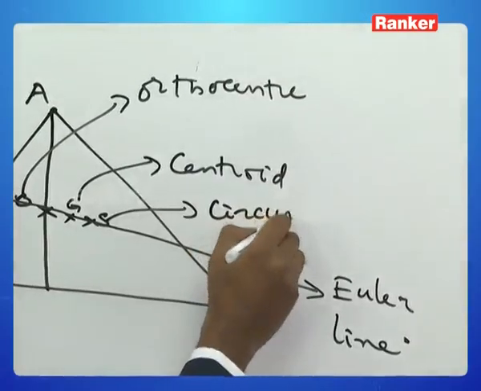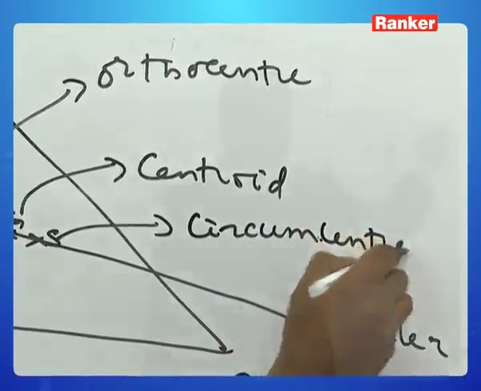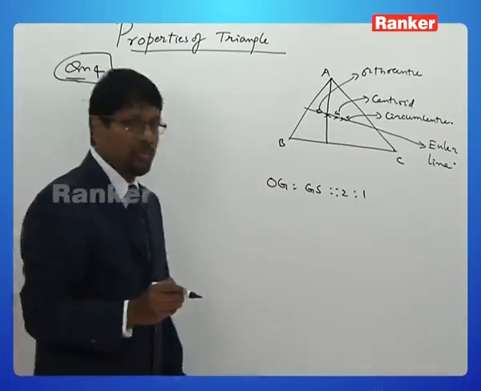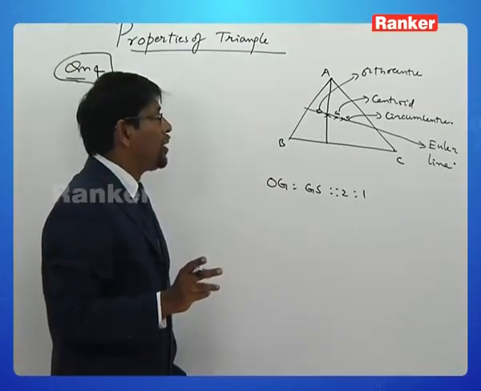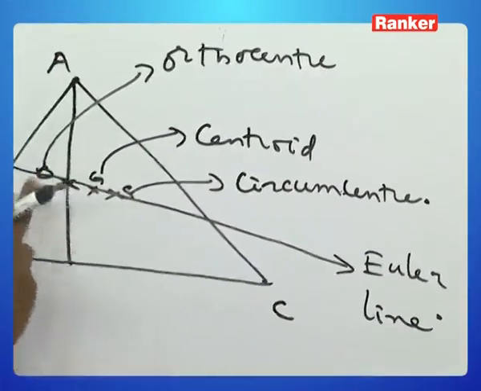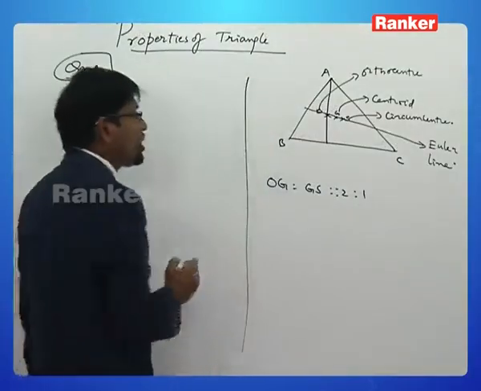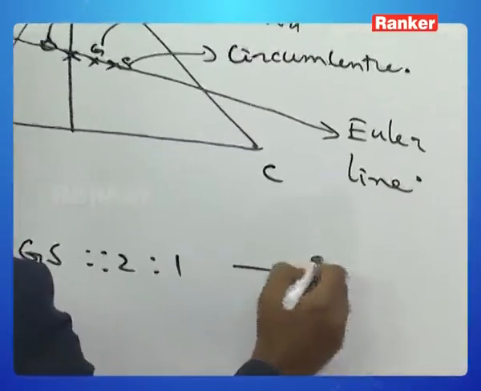All these 3 points are collinear, and the ratio in which G divides OS is 2:1. OG is to GS is 2:1. This is a fact to be remembered.